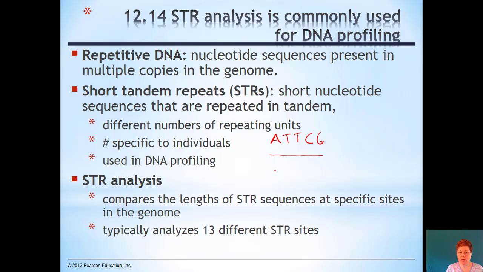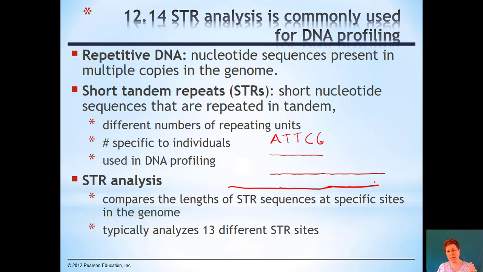Right, if you have two, they're going to be tandem, so they'll be back to back. So when you cut that piece out, you're going to have a piece of DNA that is twice as long. Right, if you have three, 1, 2, 3. Right, they're tandem, so it's going to be 3 times as long as having one.